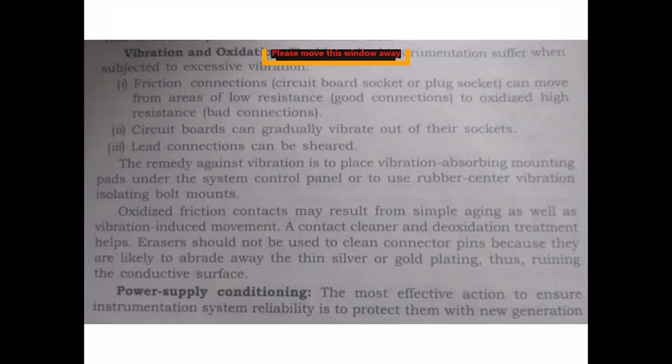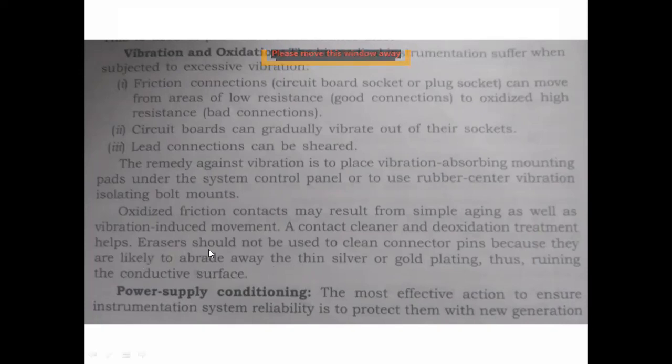So we don't do it very roughly; we do it in a smooth way, so that the conduction layer or conduction paths remain in that particular place. If you rub very strongly, that conducting layer will be lost. That particular care should be taken.